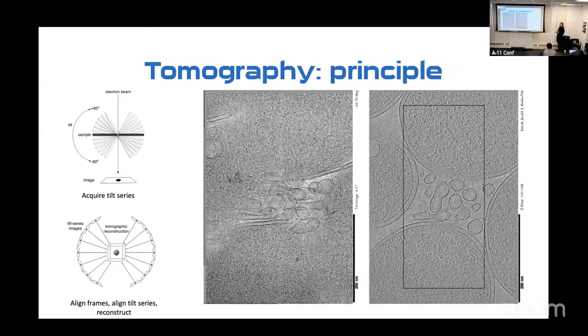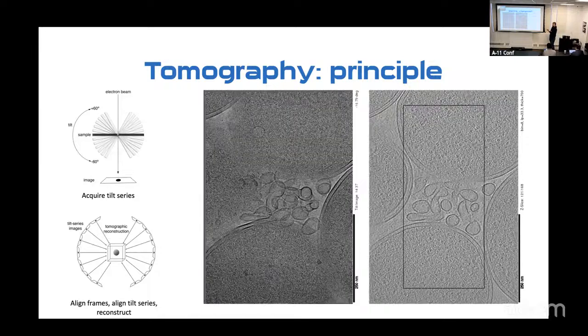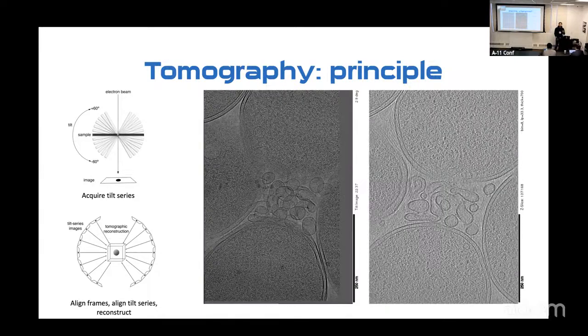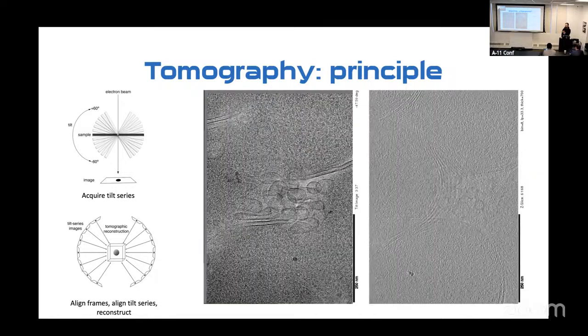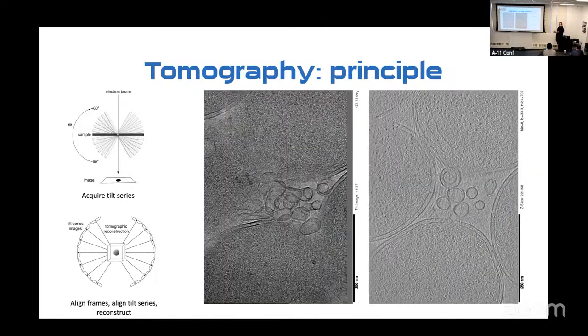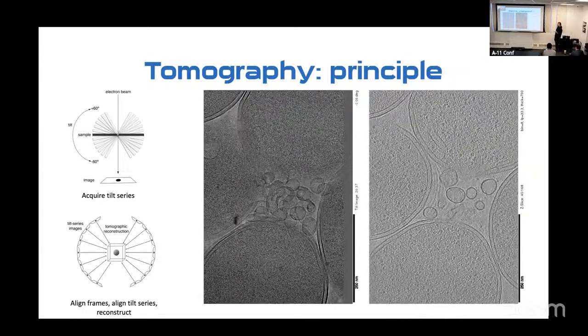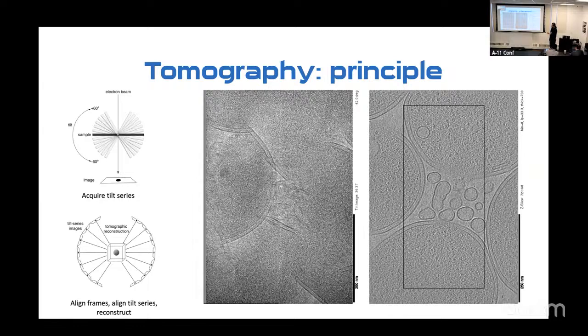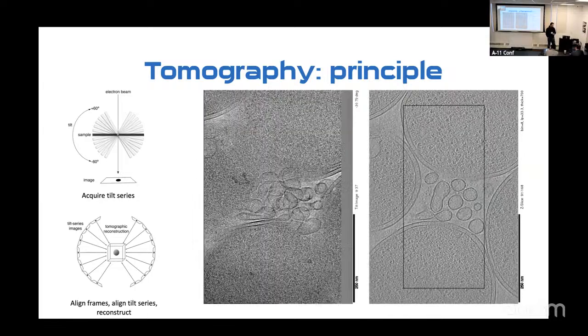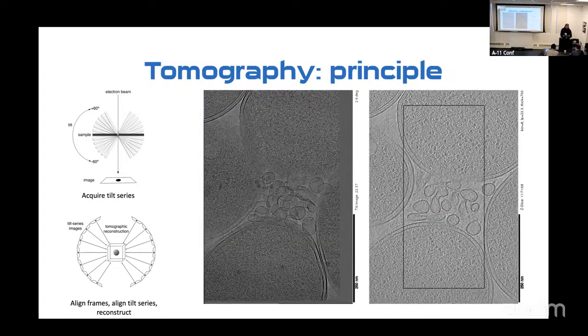But you can see gain artifacts in higher tilts, and that's because your specimen, this is from a lamella, gets very thick. And you really can't set up your camera to be in the perfect dose rate for both low tilts and high tilts, just because its dynamic range cannot cover it. So you always have to choose the best optimal setting for your data acquisition.